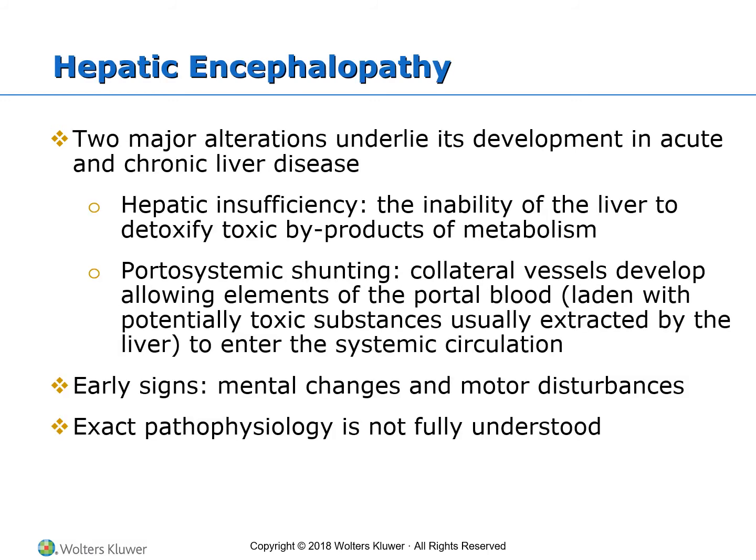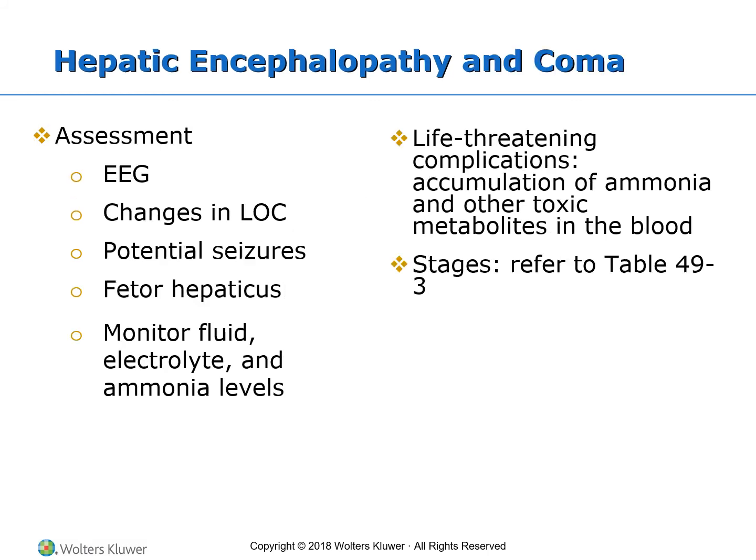Hepatic encephalopathy is a life-threatening complication of liver failure. The initial onset of symptoms are subtle and then they'll progressively get worse. Increased ammonia levels are what starts or exacerbates the encephalopathy.